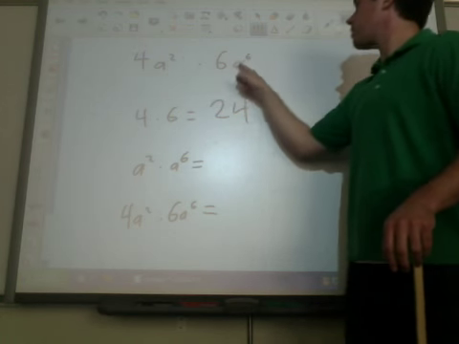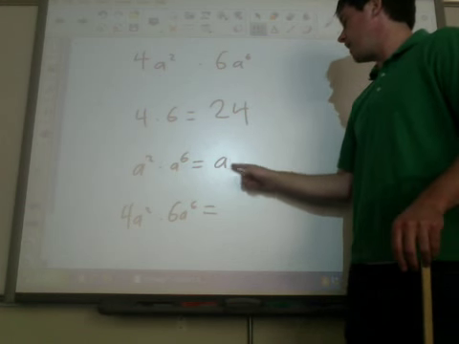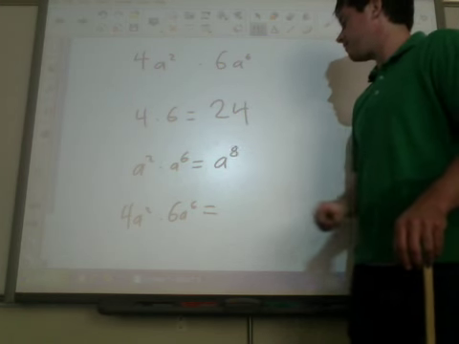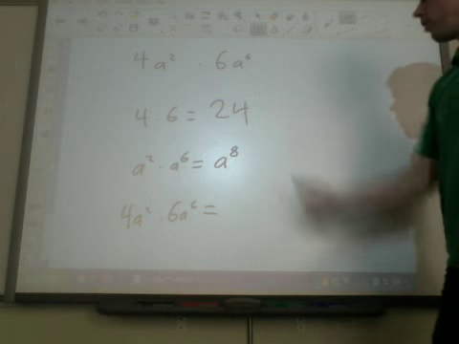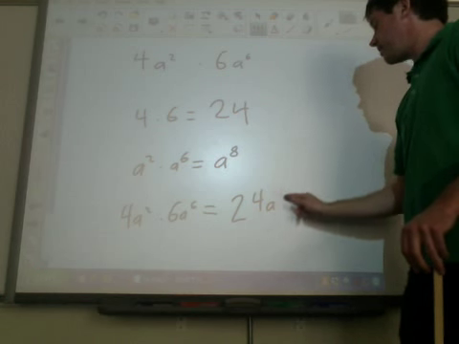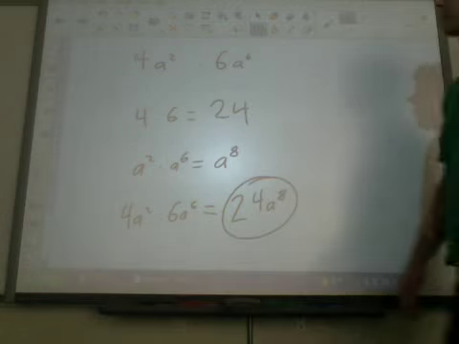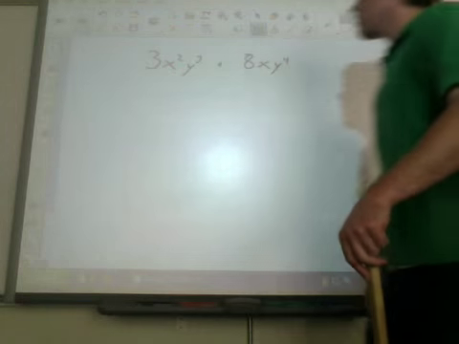A squared times a to the sixth. Again, you add the exponents, and that gives you a to the eighth. And so the whole thing together is going to give you 24a to the eighth, and that would be your final answer there. Okay? Again, just pretty much review for the most part here.